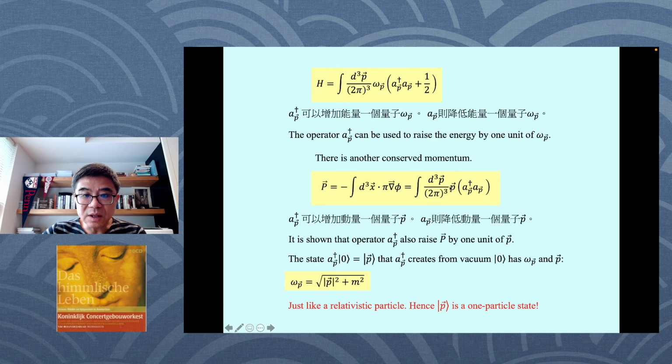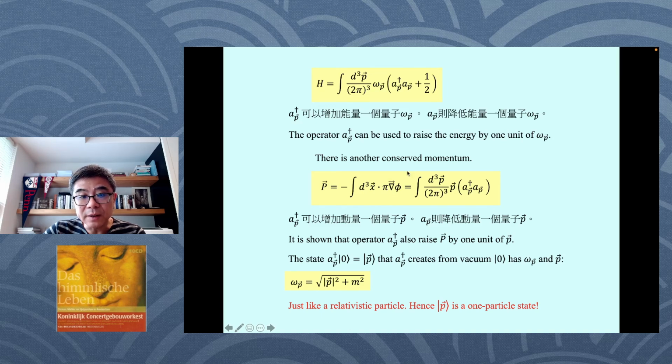There is another conserved momentum, which is p. It corresponds to the symmetry of translation. This p is a conserved quantity, and it can be derived as pi grad phi.